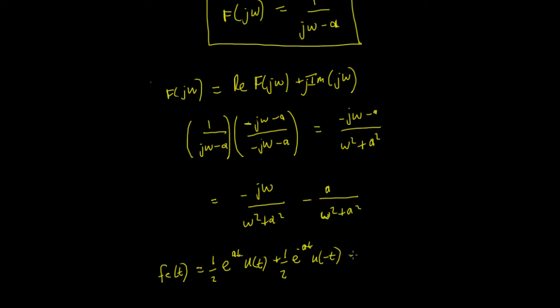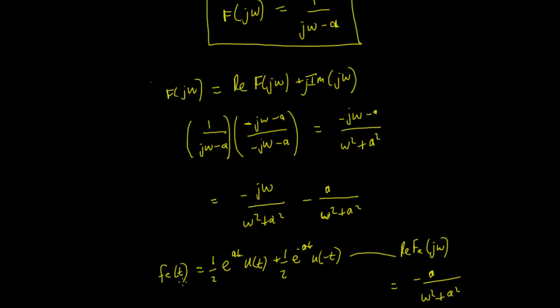Now that gave us the real even part of our F of j omega. Okay, so that part there would be this part here. I can't squeeze it in at the end there, so I'll put it at the bottom. So that would equal minus a upon omega squared plus a squared.